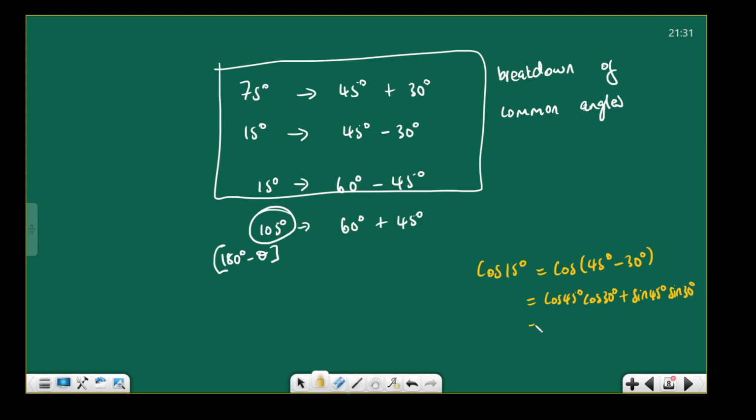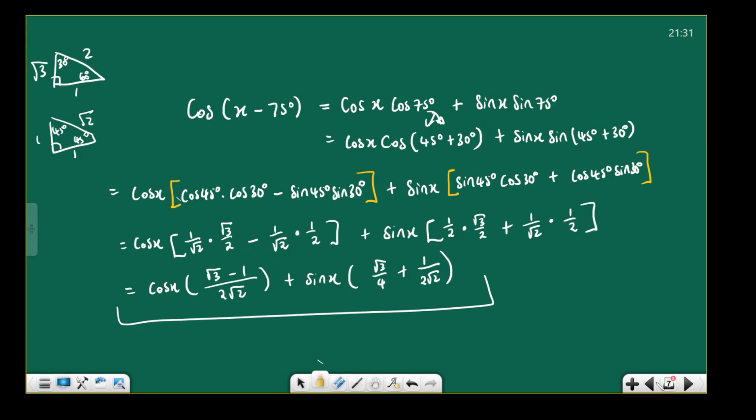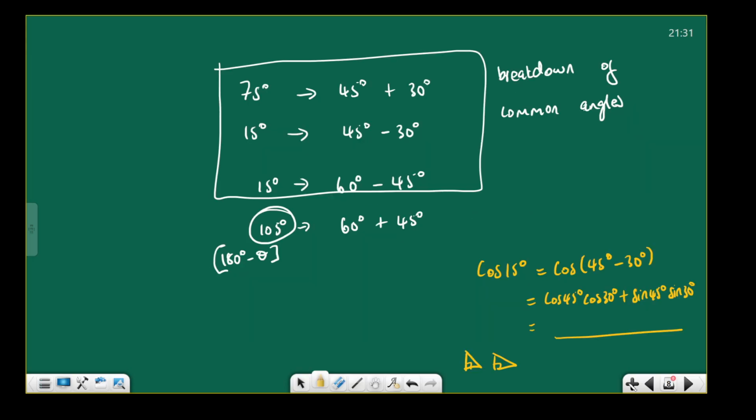Then from there you use the triangles, the 1 1 root 2 triangle and the 1 2 root 3 triangle. Then you should be okay. So I hope that is clear, guys. That is how we deal with these compound angles.